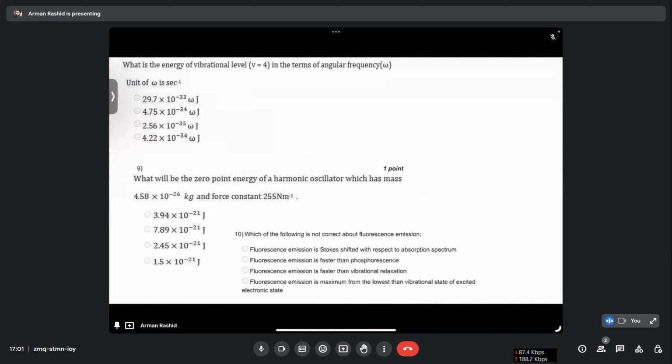Now we have question number 8. What is the energy of a vibrational level in terms of angular frequency? Units of angular frequency is per second. We have to write what is the energy of a vibrational level, V is equal to 4.